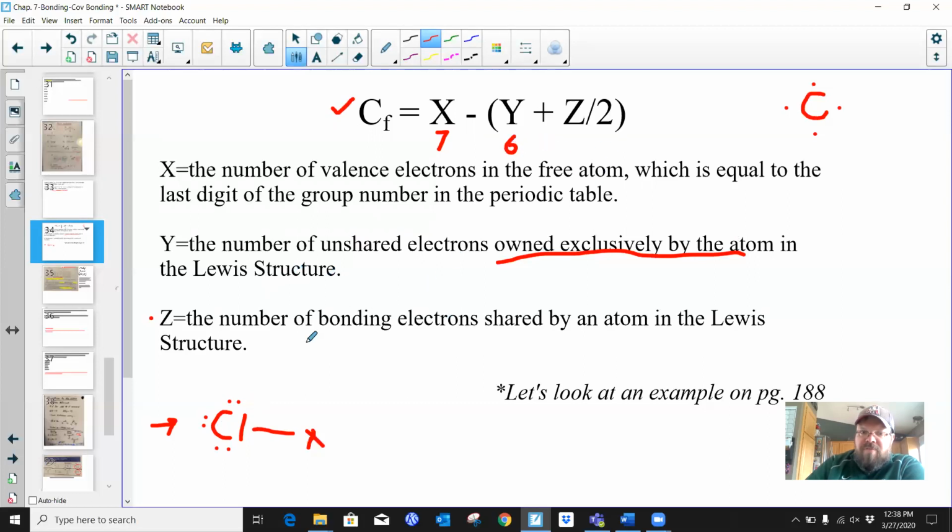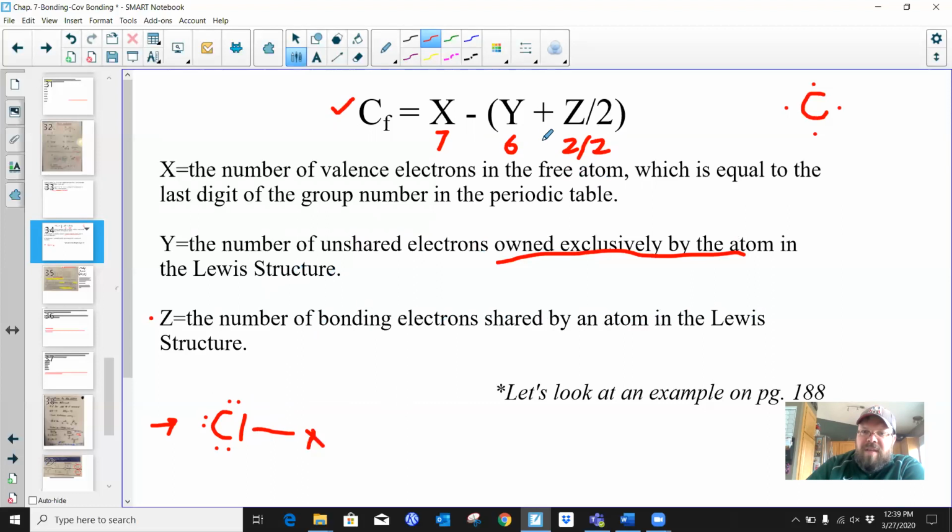And then the Z value, the number of bonding electrons shared by the atom in the Lewis structure. Again, we're calculating formal charge for each individual atom. Chlorine here has a Z value of 2, and that's divided by 2.